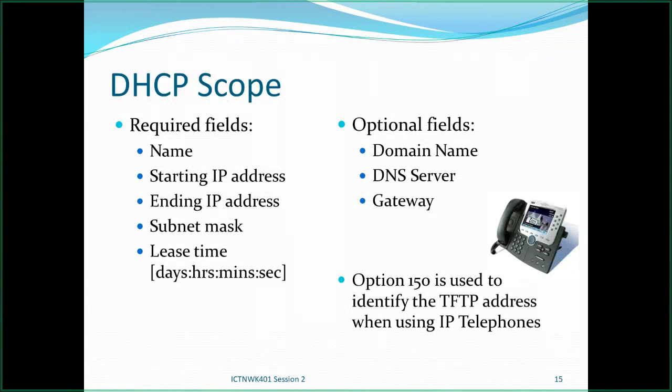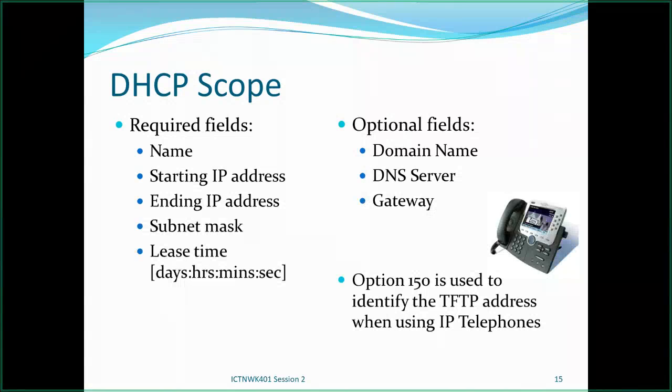Optional fields are such things as the domain name, where the DNS server is located, what our gateway is. Other options that are quite common to use these days is option 150, which is used to identify the TFTP server that is used by IP telephones or VoIP phones within the network, for example.